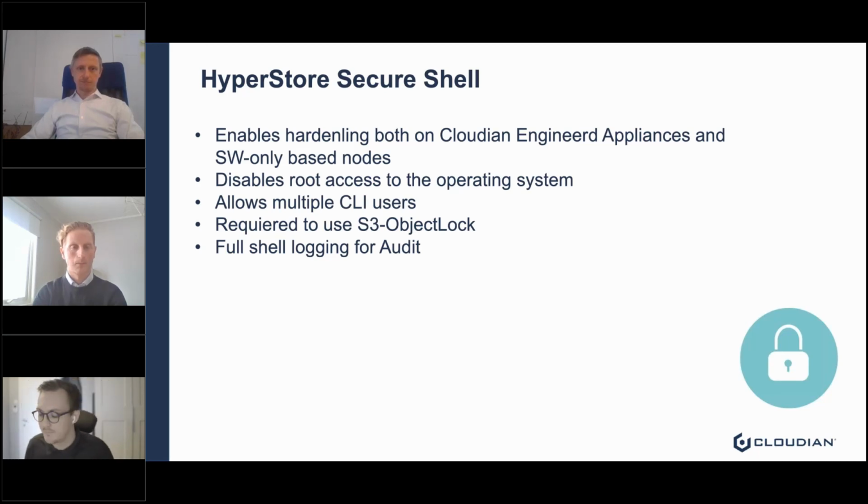So you no longer have file level access to the operating system. You can only run pre-certified scripts, applications and menu options that are security certified by Cloudian in the system. And we also do full shell logging for that as well, so we do audit logs that we can provide you.